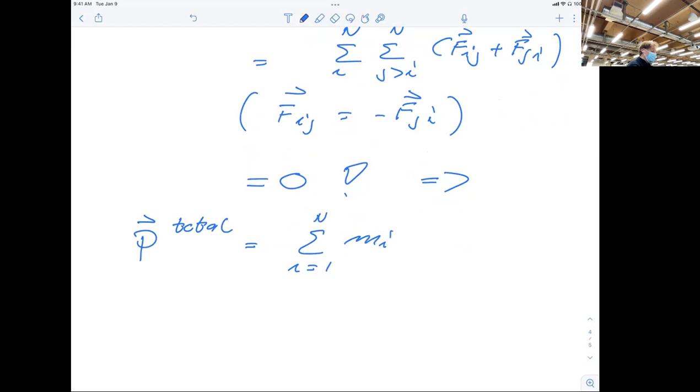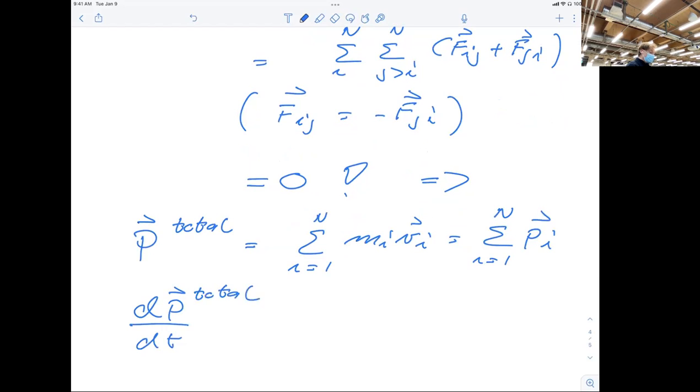So we have m_i times v_i, and this is something which we would write as the sum from i equal 1 up to n of P_i. And we know then that if we take the derivative, dP total over dt, that will be given by the sum over i equal 1 up to n, and we assume now that the masses do not change, of dv_i over dt. And we recognize this again as the force.